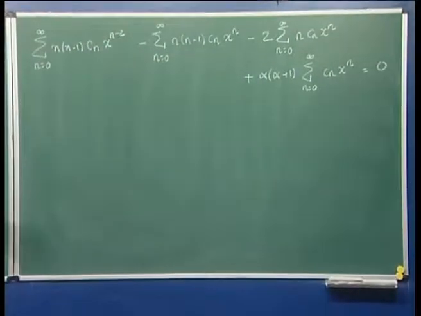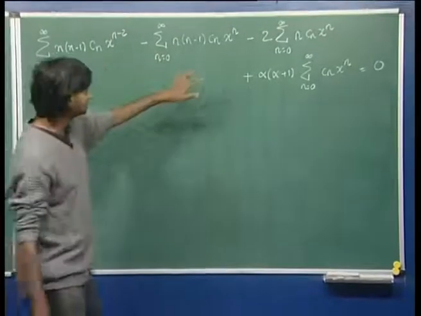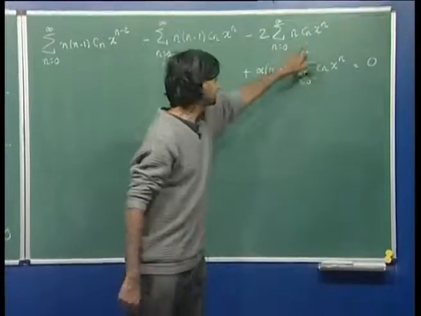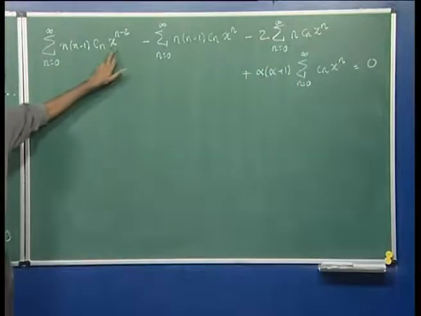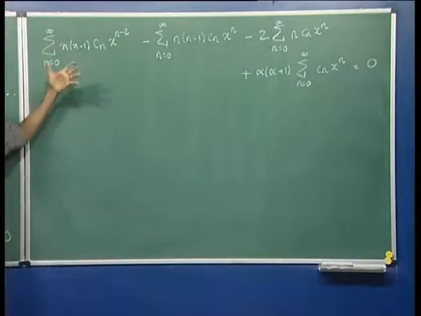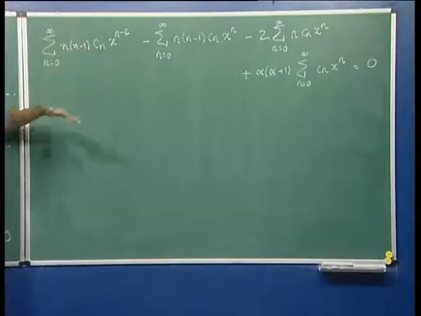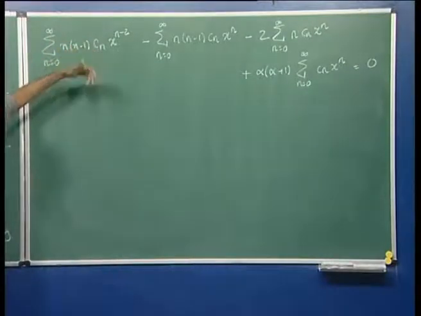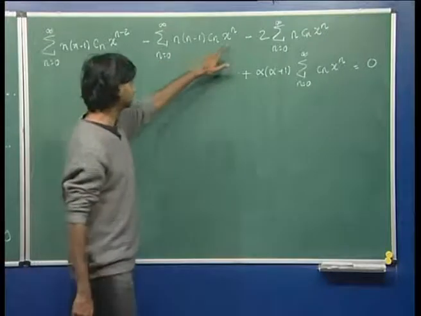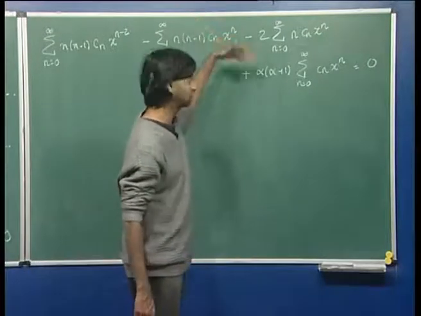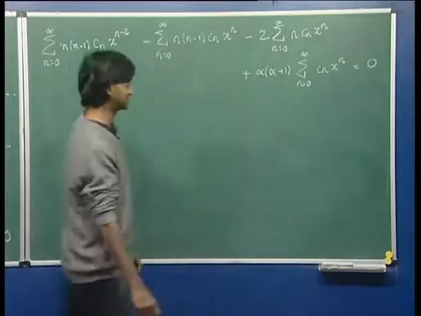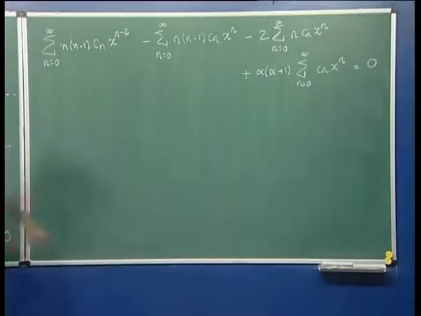Okay. Now, each of these terms is a power series in x, and what I mean is each of these terms has terms of x raised to 0, x raised to 1, x raised to 2, x raised to 3, etc., and each of these terms goes all the way up to infinity. Each of these, again, has polynomials of x raised to 0, x raised to 1, x raised to 2, all the way up to x to the power infinity. So, each of these is a power series.